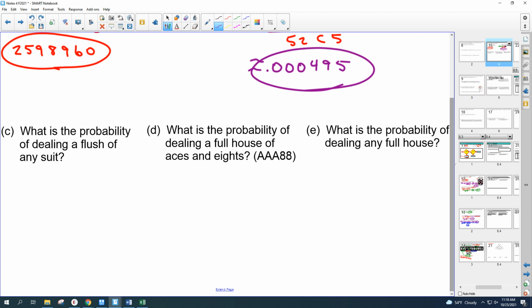That's all it is. So if we didn't just do that problem, you would say something like, we need to choose a suit and we need to choose 5 values.